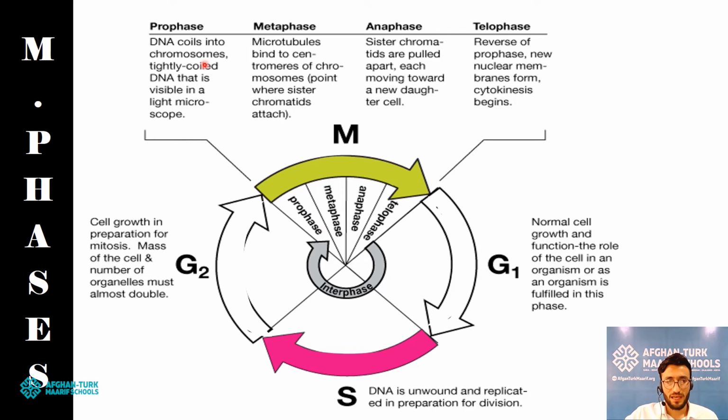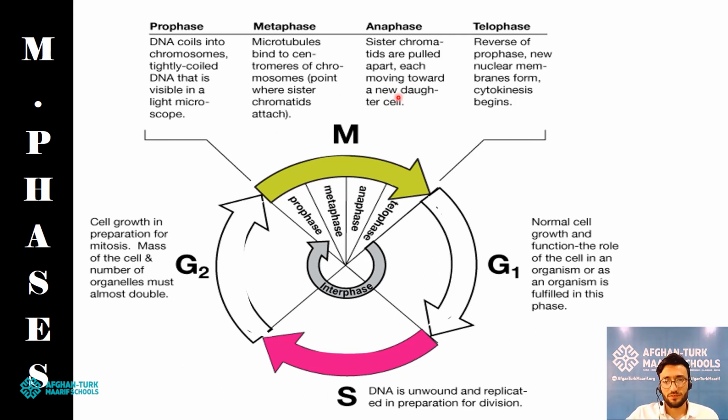Mainly in prophase, the chromosome, or the DNA molecule, is condensed, which makes it visible under the light microscope. In metaphase, as is clear from its name, the condensed chromosomes are aligned at the equator of the cell to produce a line of chromosomes.